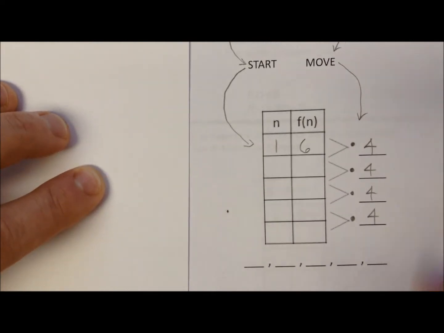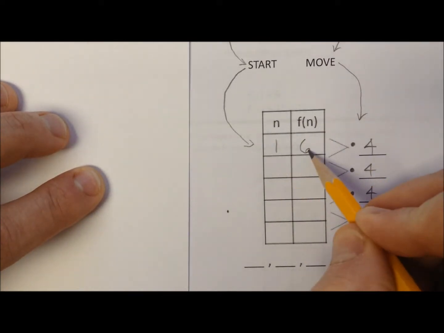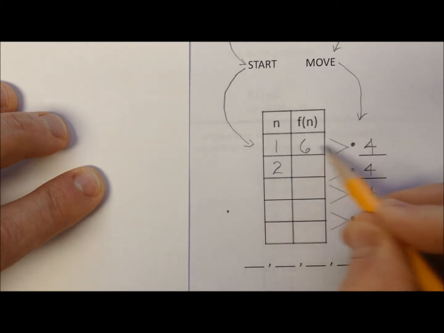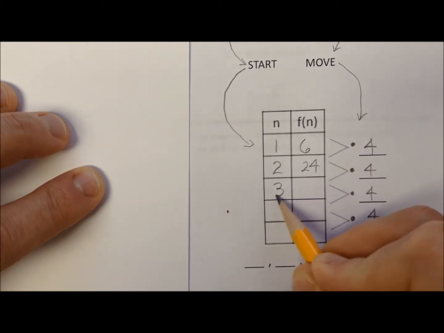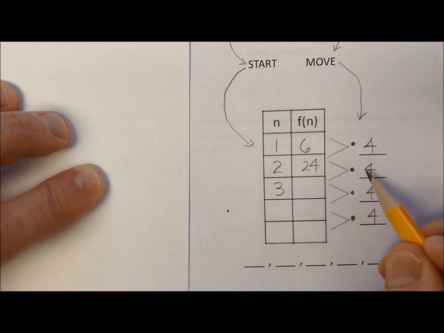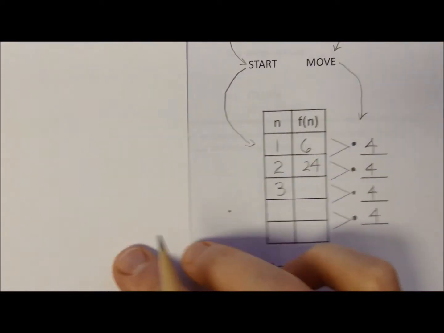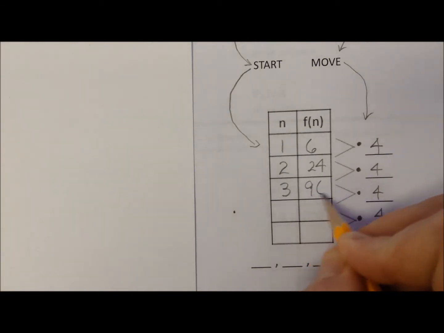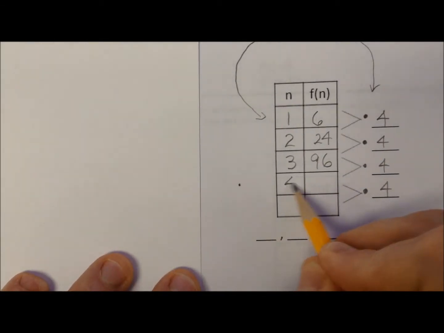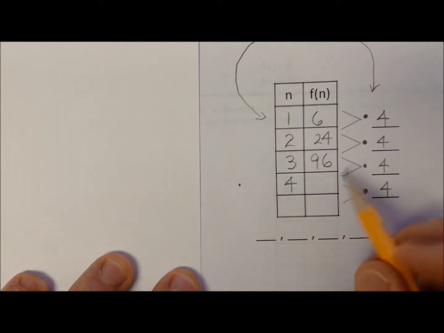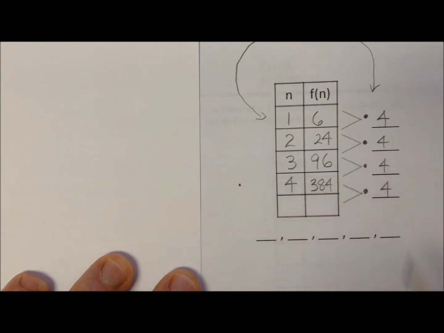And so now, if we know that the first number is 6, the second number is 6 times 4, which is 24. The third number in my sequence is 24 times 4, which is going to be 96. And you can use your calculator to help you out with this multiplication if you need to. My fourth number in my geometric sequence is 96 times 4, which is 384. Check me out if you don't believe me.